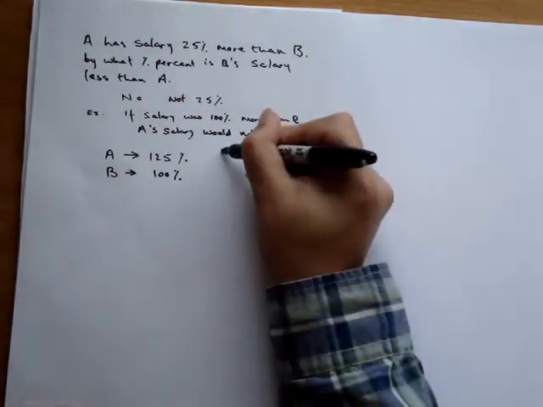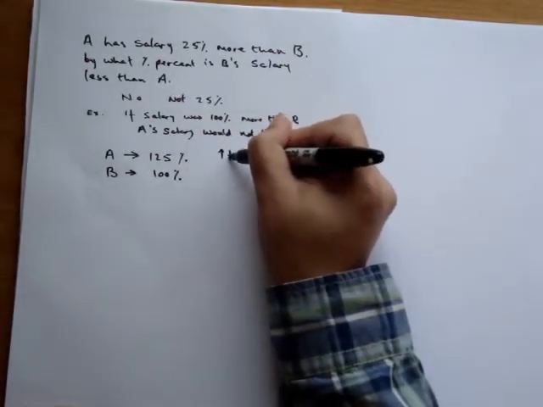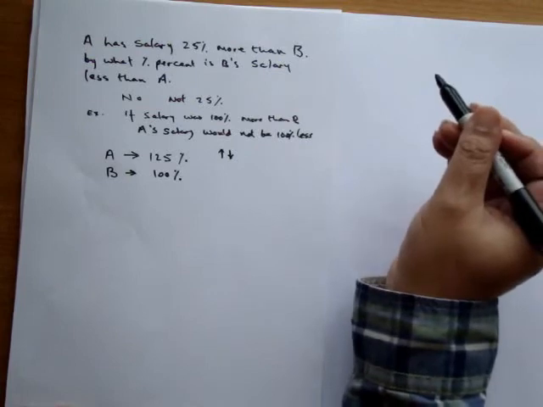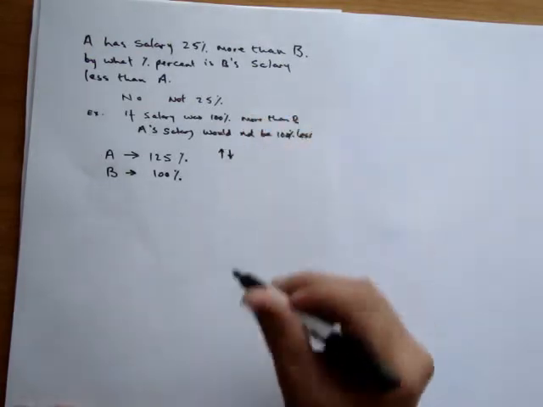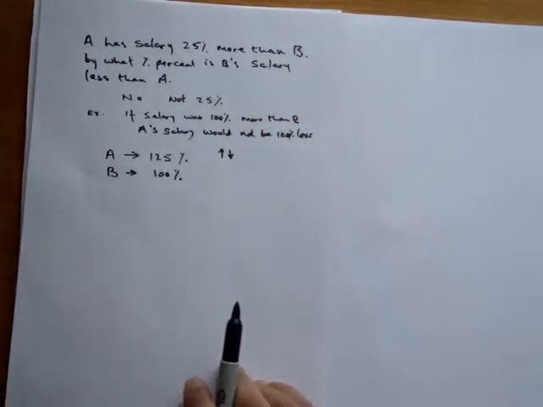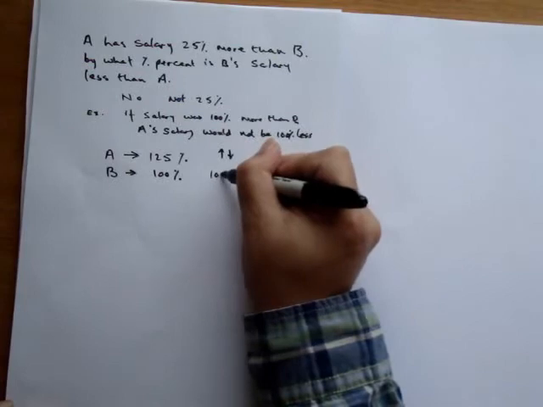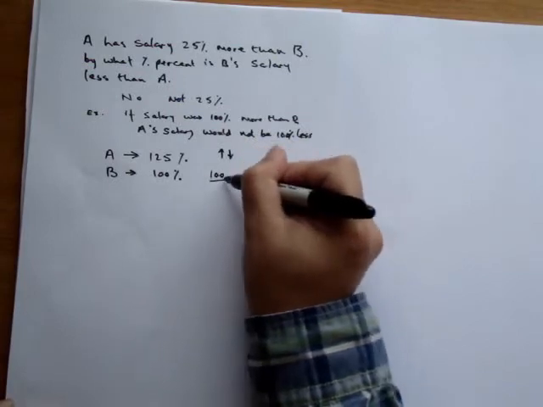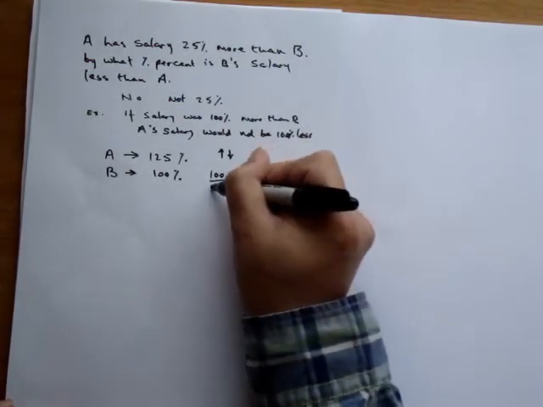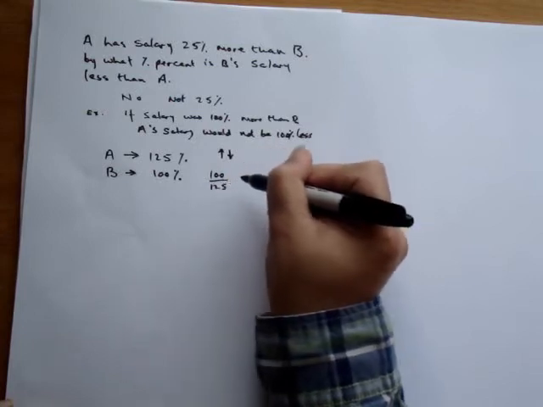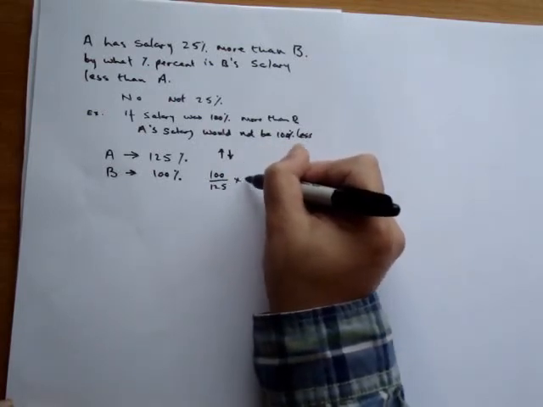Again, we look at our ratio. Should the final be higher or lower? So obviously it's going to be less. So we want 100 over 125 multiplied by 100.